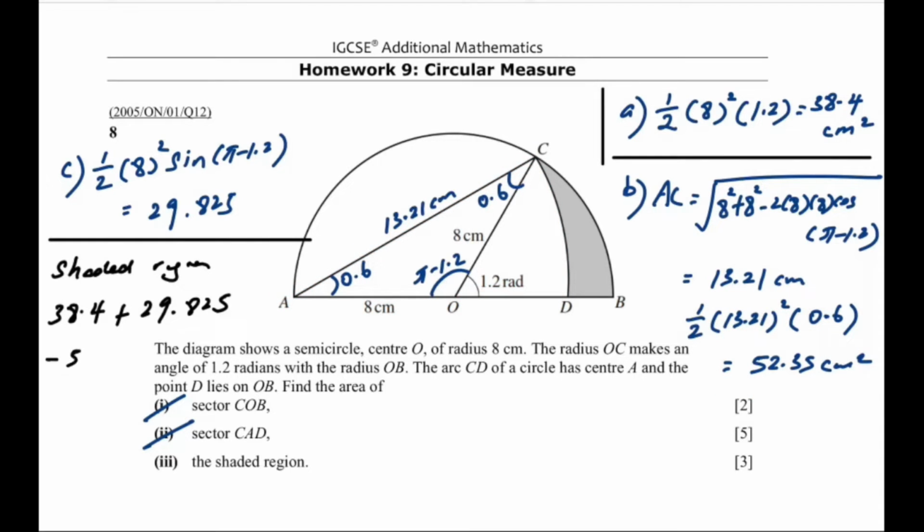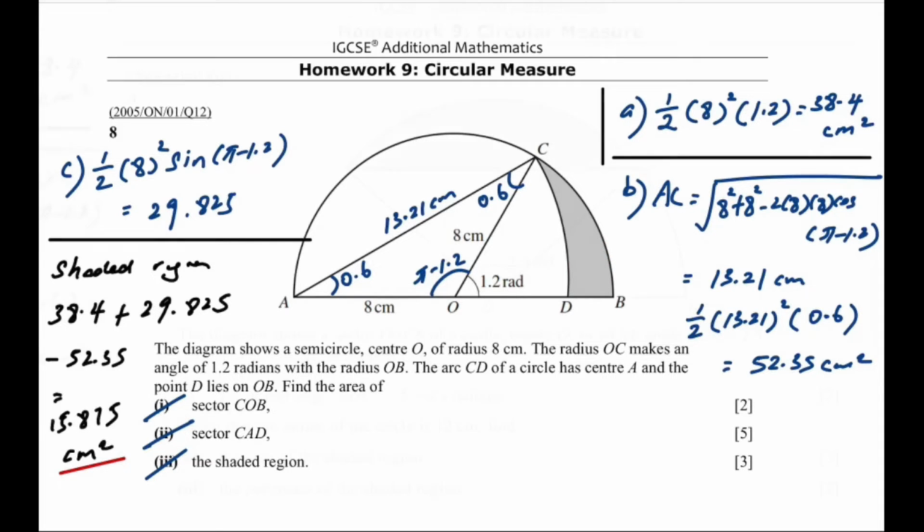That will be the final answer for the shaded region. What do we have? 29.825 minus 52.35. You should get 15.875 cm square, and that's the final answer, which is the shaded region, the area of this part.